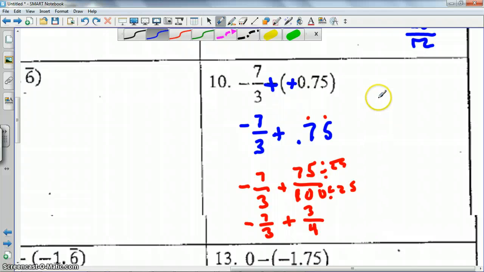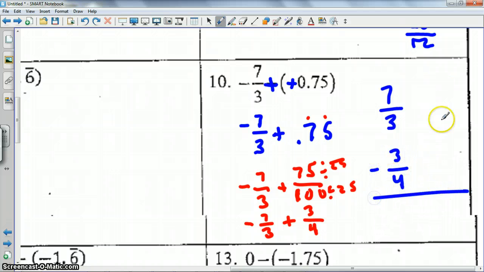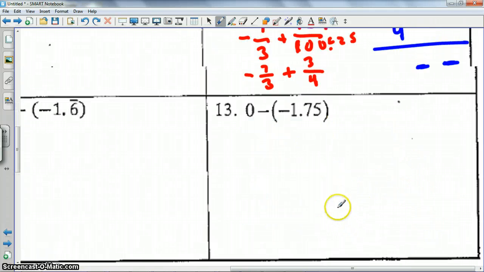And now we'll do just like we did before. Signs are different, so we subtract 7/3 minus 3/4. And you'll find a common denominator, and then you'll have your answer. 7/3 is bigger, so your answer should be negative. So you're going to have a negative fraction here. I'll let you go finish that just because we're going to run out of recording time and I won't be able to finish all the problems that I wanted to go over.